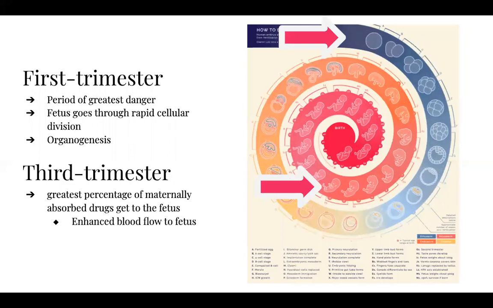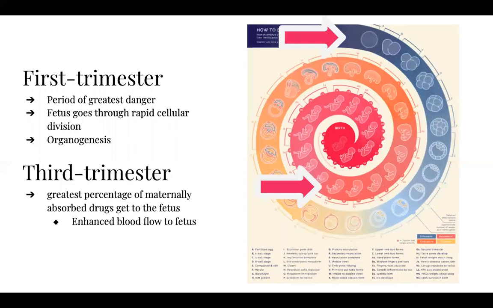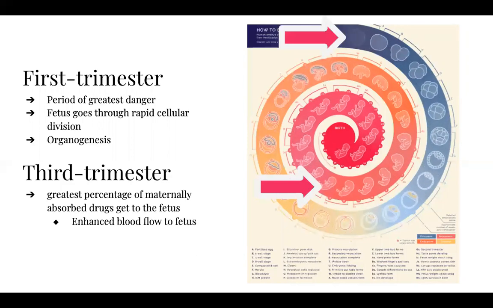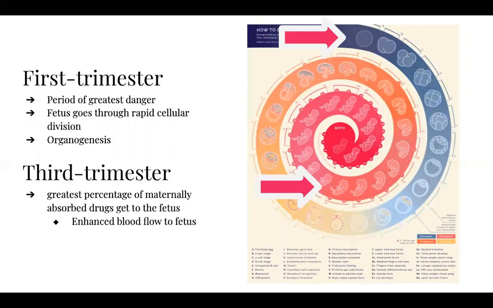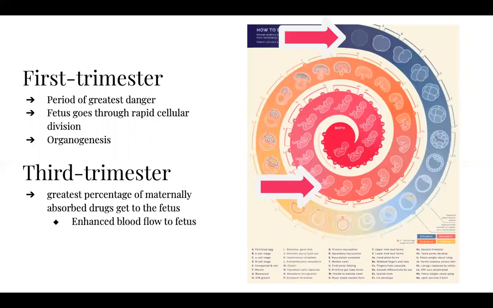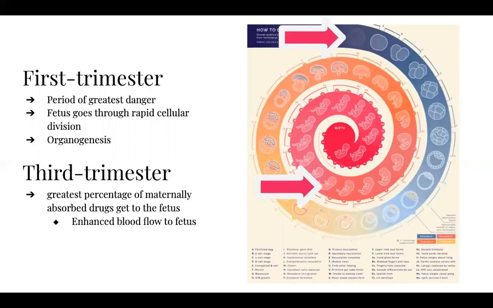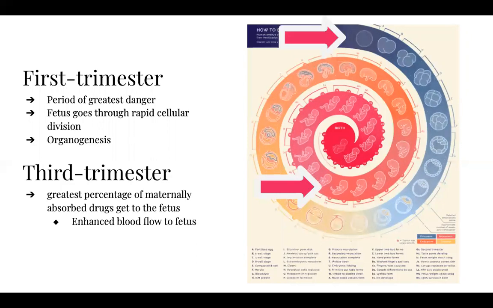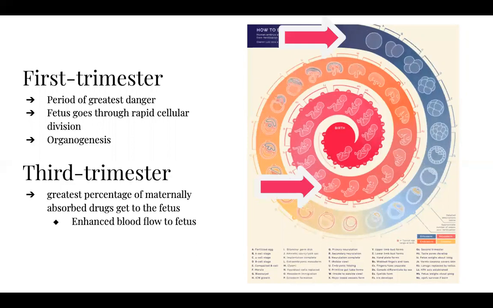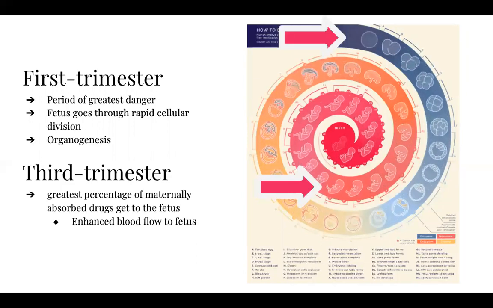So this little cell turns into this fetus. In the first trimester, this is the period of greatest danger. We can see this huge cellular transformation. And this is where organogenesis occurs. This is the development of organs of the fetus. So if this medication is harmful, it can cause abnormality in that development.